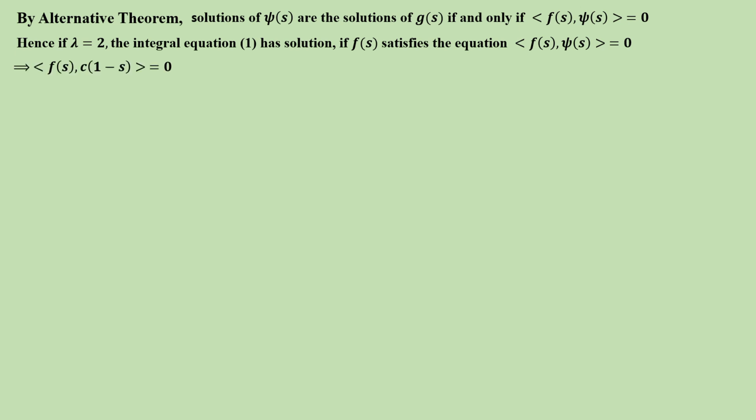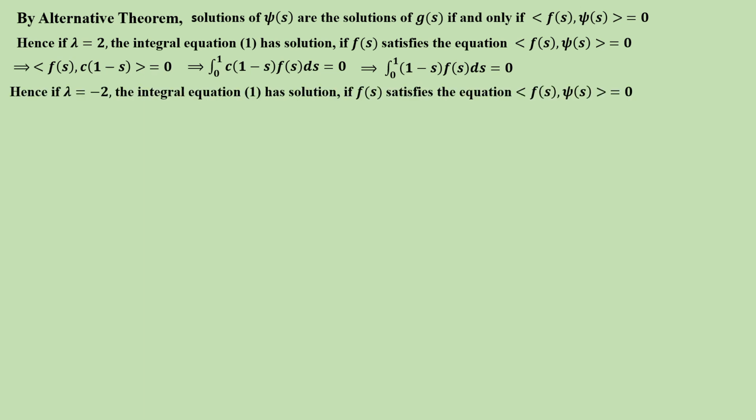Substituting, the inner product of f of s comma c into (1 minus s), because psi of s when lambda is equal to 2 is c into (1 minus s), equal to 0. Using the inner product space definition, integral 0 to 1 of c into (1 minus s) f of s ds equal to 0, that is integral 0 to 1 of (1 minus s) f of s ds equal to 0, because c is a constant and on the right hand side you have 0, so you can cancel c.